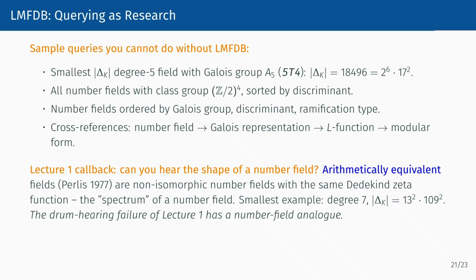And one can ask if two number fields have the same zeta function, what does it say about them? Do they have to be the same, for example? And there are examples of non-isomorphic number fields with the same zeta function, so you can't hear the shape of a number field. But the smallest example is degree 7, so it's not that small.